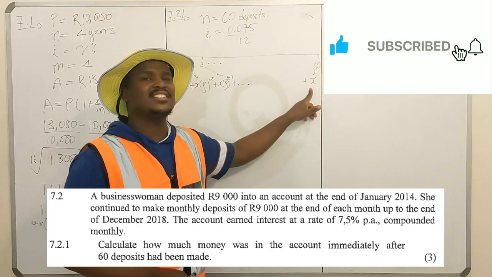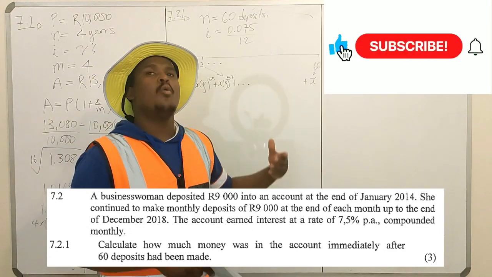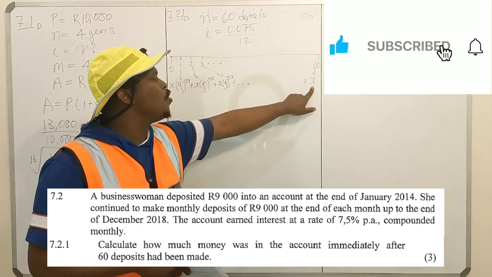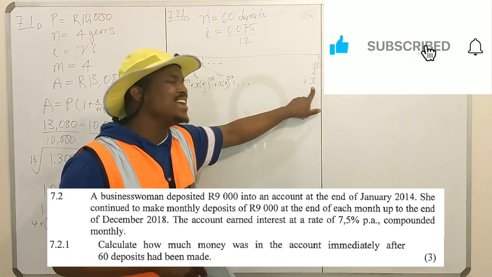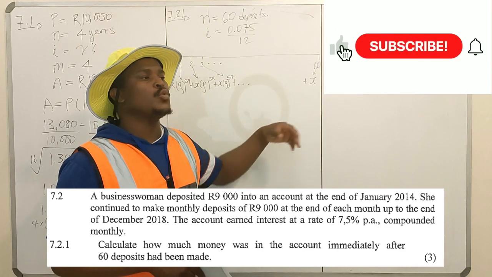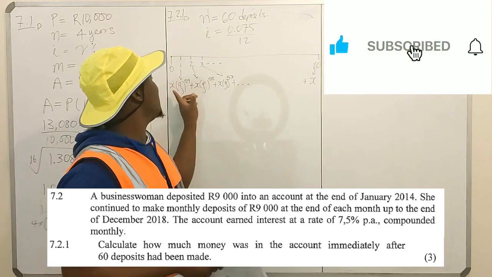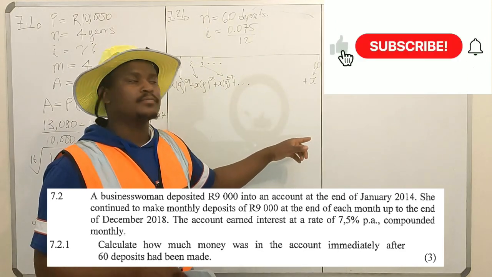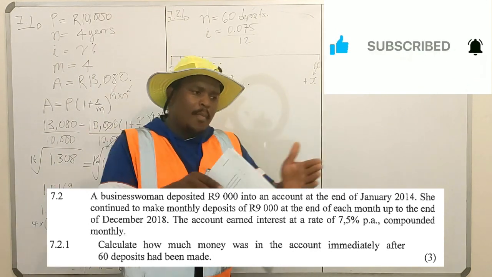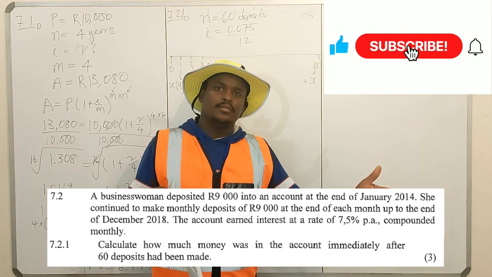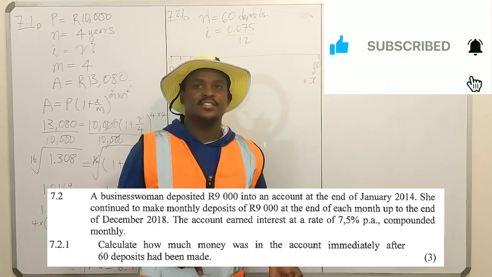You won't gain any interest here, because there was no month for it to gain any interest, because you gain interest monthly on each and every deposit you make. So now, if this one is made at the end of the very last month, there's no month remaining for it to gain interest.